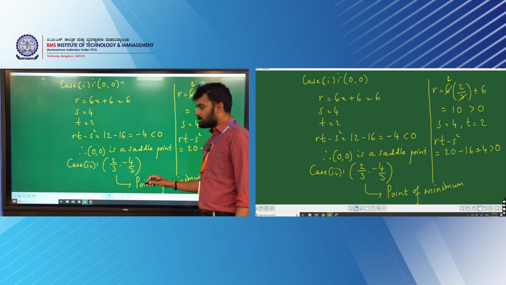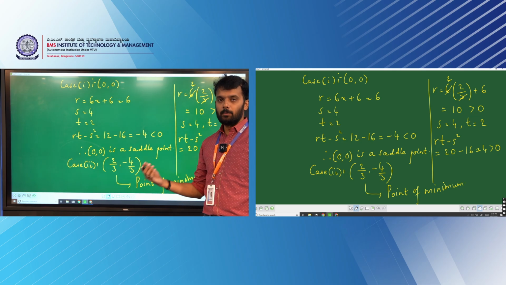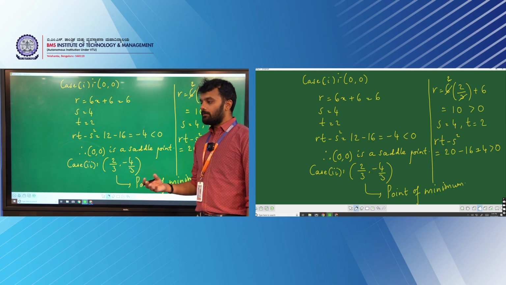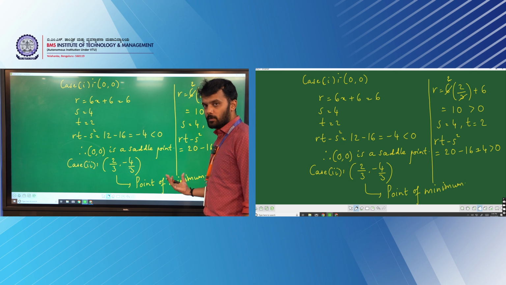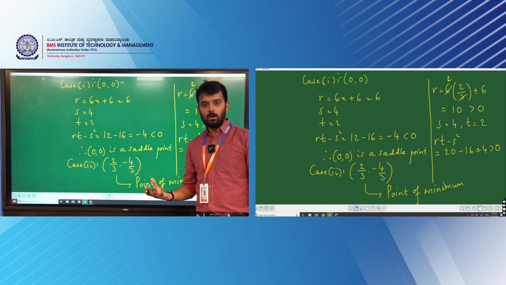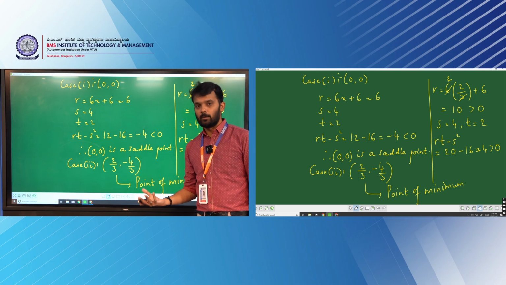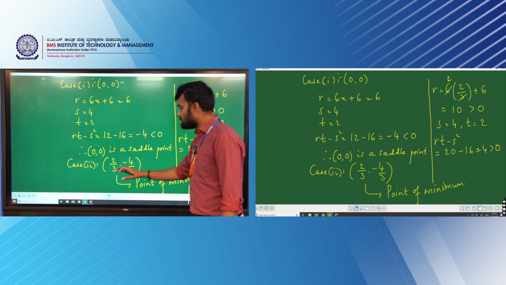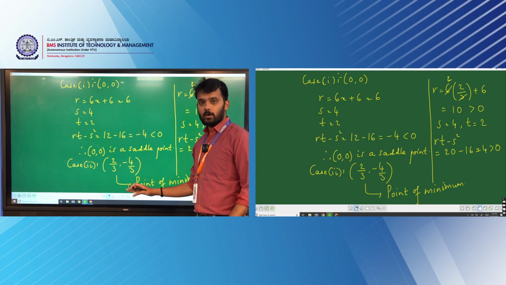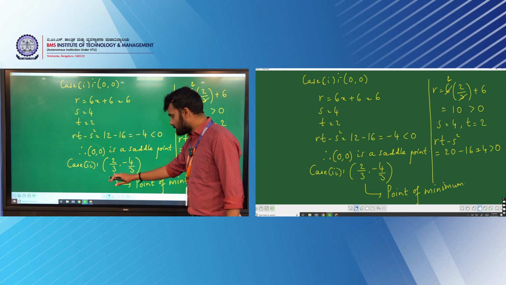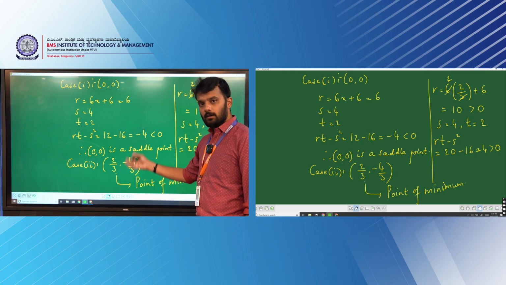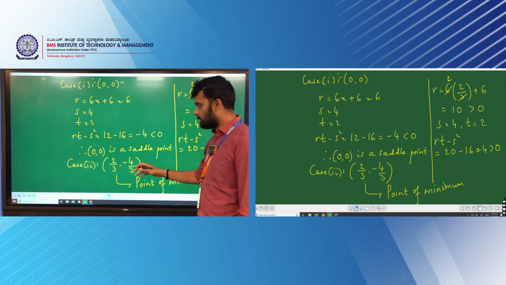So the last thing is, after you find the nature of the point, let's say you're getting a maximum point or the minimum point, it is very much required to know what is the maximum value or the minimum value at that particular point. This can be easily obtained by substituting the obtained minimum point in the given function. So in the place of x, 2 by 3, and y, minus 4 by 3, we substitute in the original function in the given question.